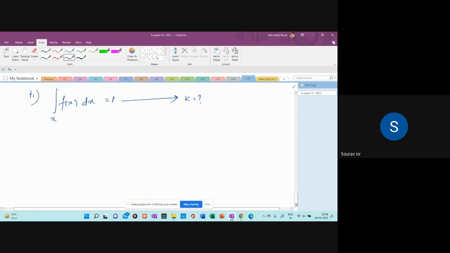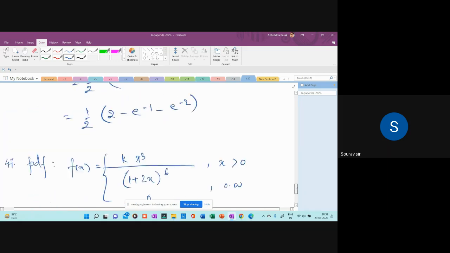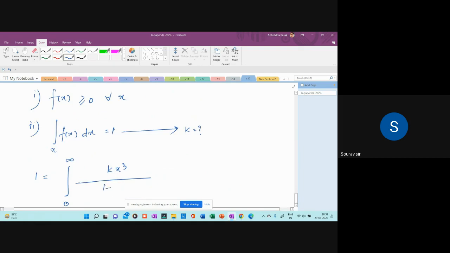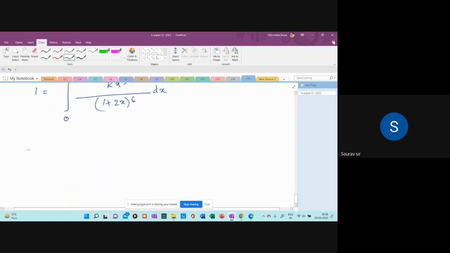So we write the integral from 0 to infinity of k x cube by (1 plus 2x) to the power 6 dx, so that 1 by k is equal to the integral from 0 to infinity of x cube by (1 plus 2x) to the power 6 dx. So let's try and take a transformation.